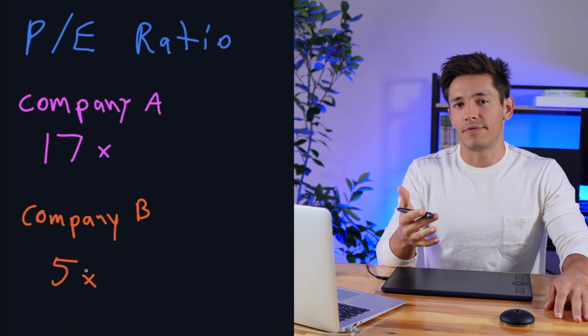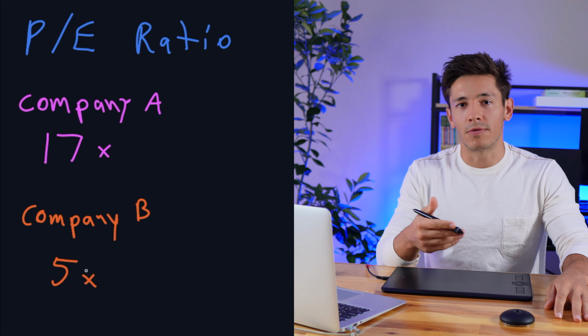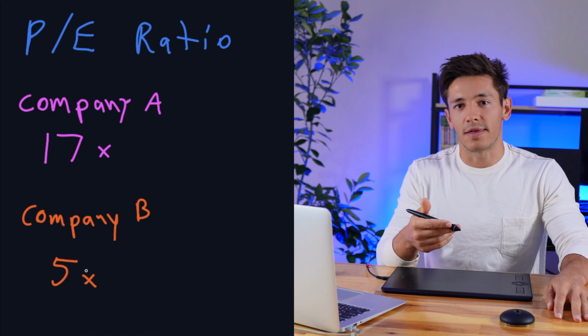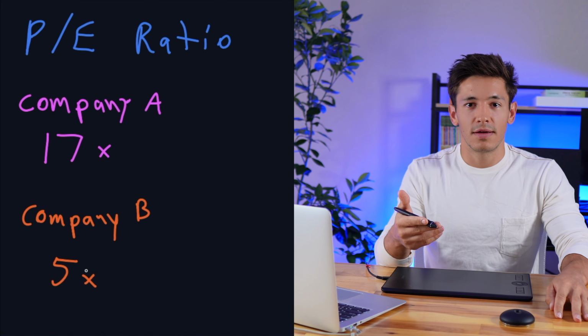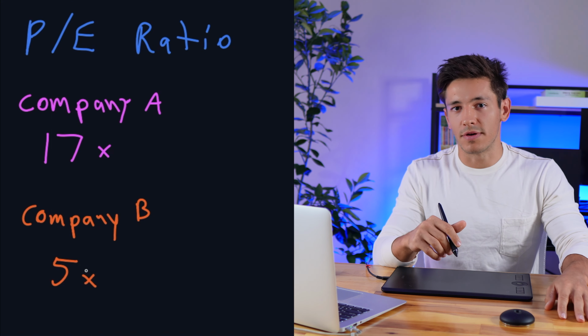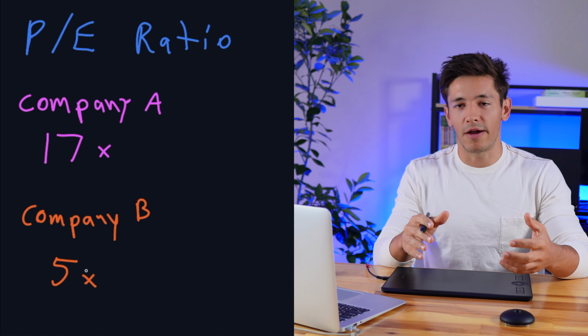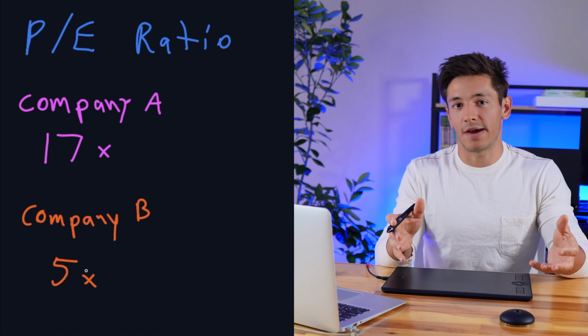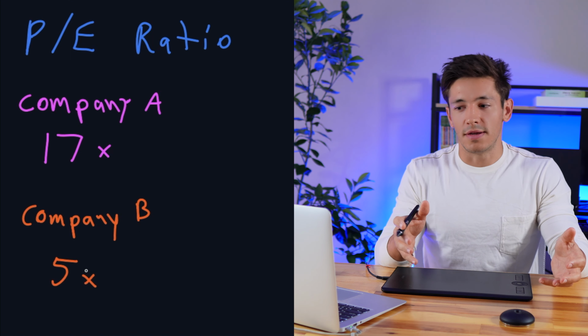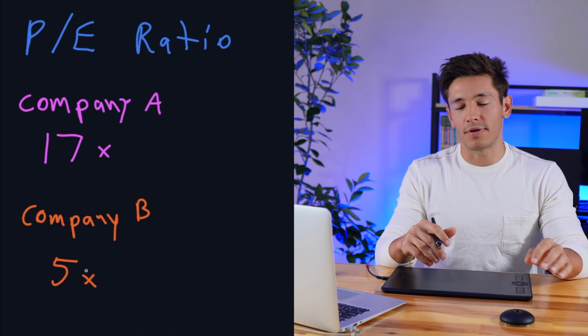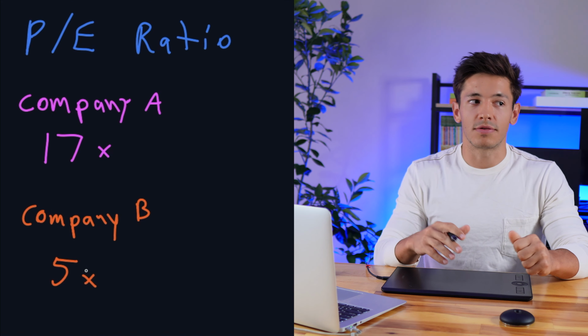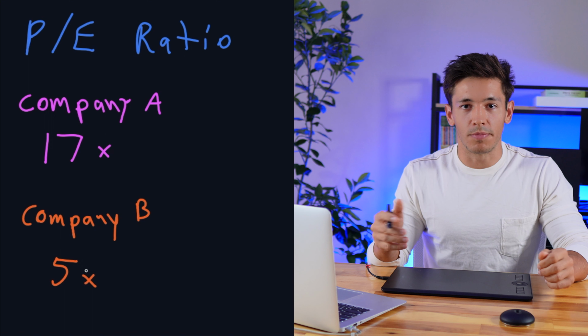You have to look at other factors like growth to form an educated and informed investment decision. Now, if company A and company B were exactly the same company, yeah, you would rather have company B at the lower valuation because that's going to give you less downside and potentially more upside.